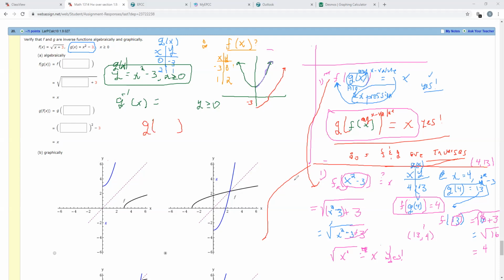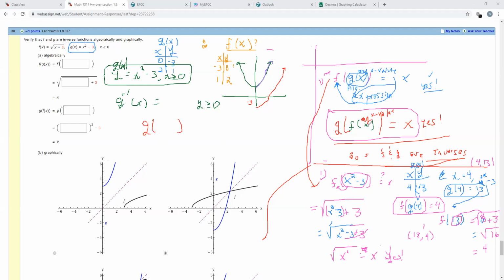So if we picked any x value from -3 and on, put that number into f, get its range value, and then put that range value into g, then we would want to get back to that same x value. I could show you with a numerical value, but it's already taken a while here. So let's just do this.